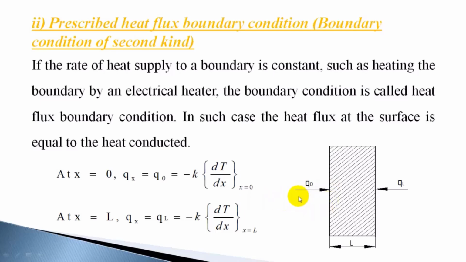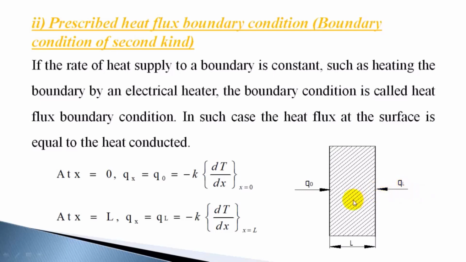So in a steady state heat transfer process, the heat flux at the surface is equal to the heat conducted at that surface. So Q0 is equal to minus k dT by dx at x equal to 0. Similarly, at x equal to L, the heat flux is QL, and QL is equal to minus k dT by dx at x equal to L. The heat flux at the surface may be positive or negative, it can be flowing out also.